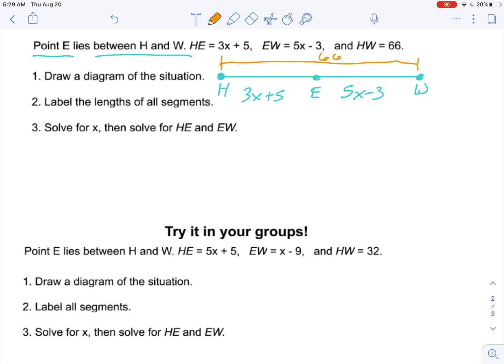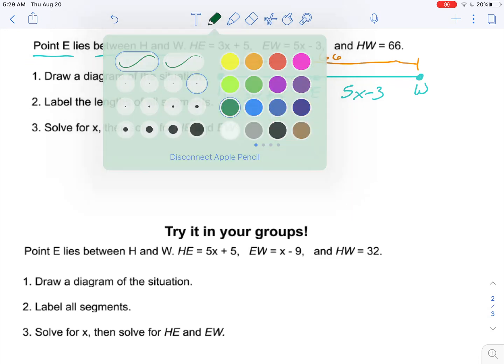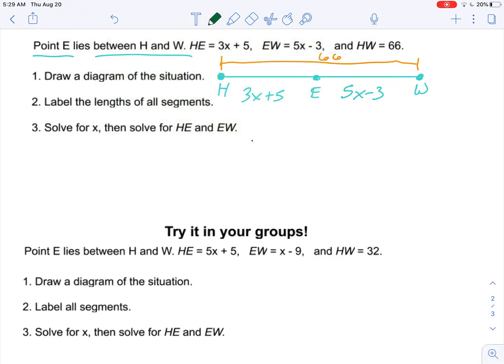So let's write out our segment addition postulate. I'll do it in green. So HE plus EW equals HW. And we can fill in our values.